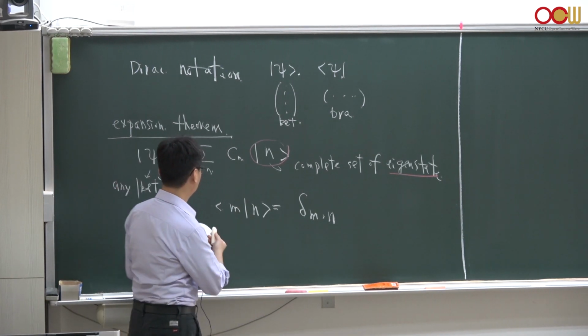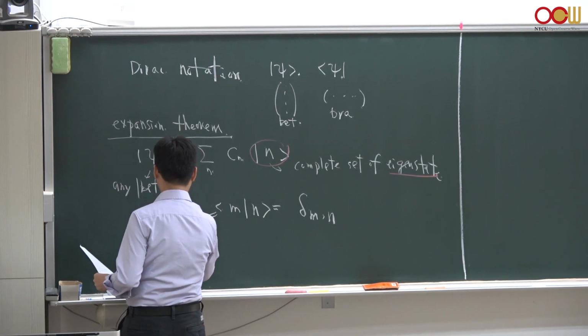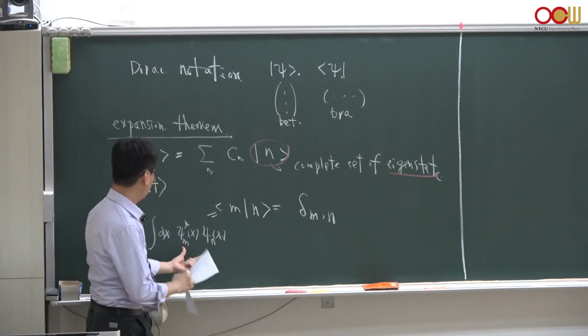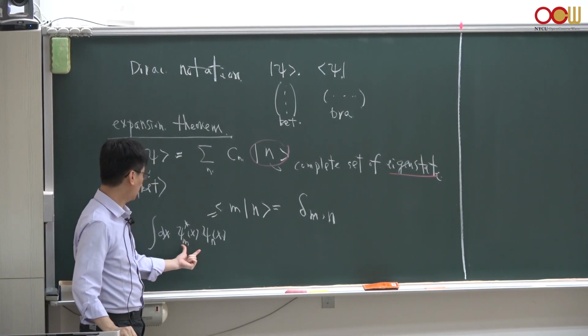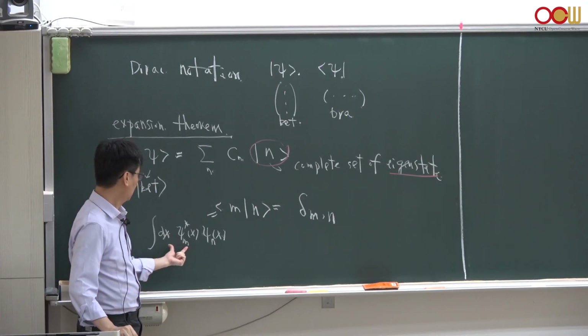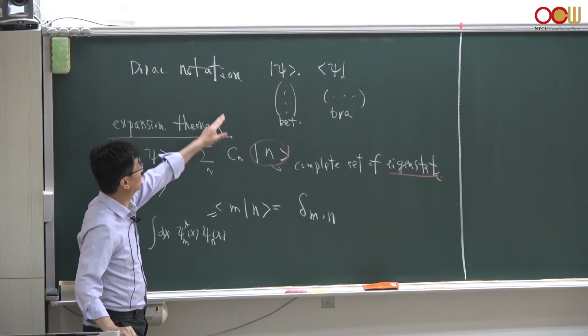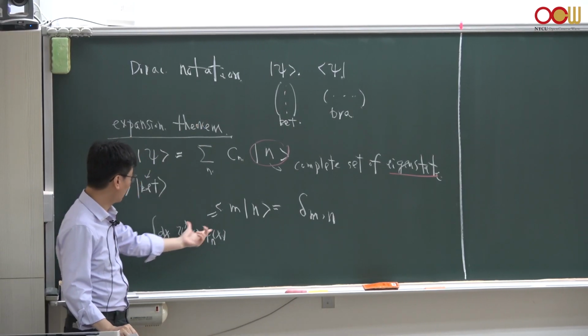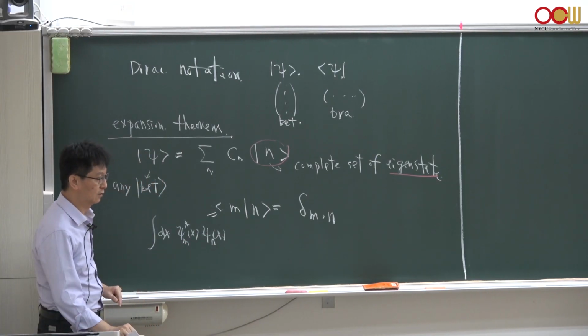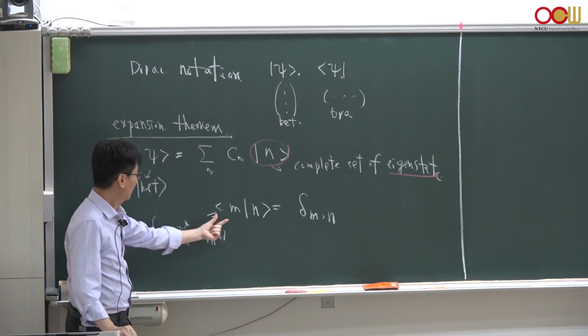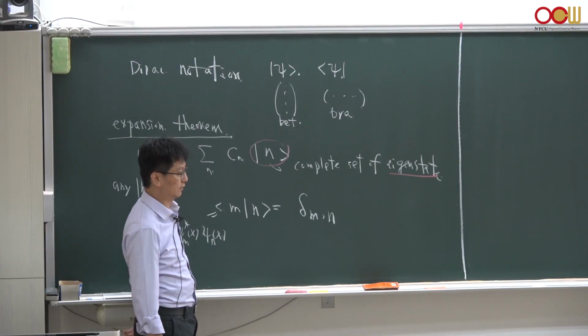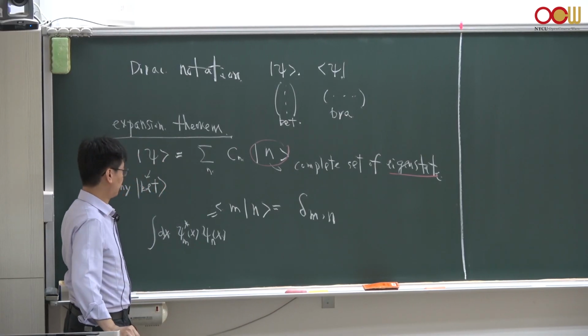We already defined this in the inner product between the Dirac bra and ket states previously, right? So this is nothing but the overlap integral between any two eigenfunctions, psi n and psi m, and we can use Dirac notation to simplify this inner product in terms of a matrix product.